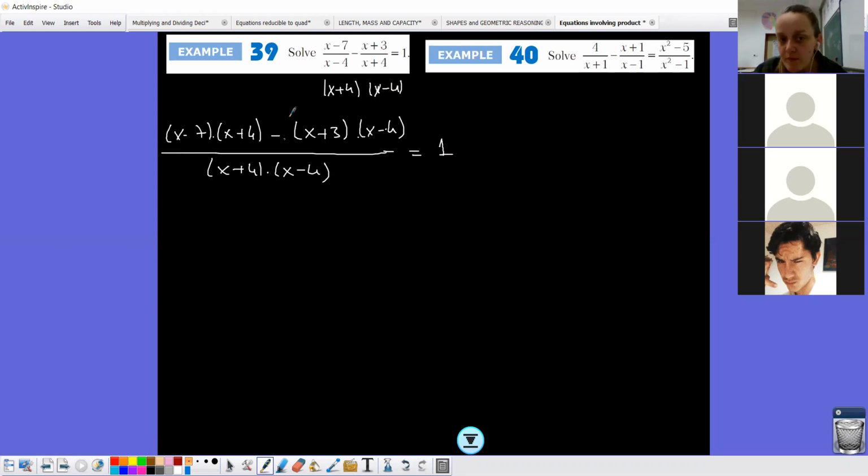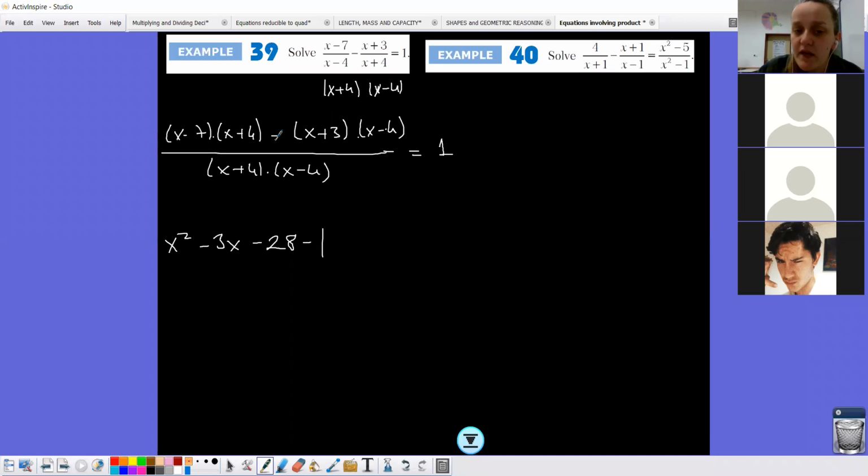Now here I will open the parentheses in the numerator, but I will not do anything in the denominator, okay? Then it will be x squared minus 7x plus 4x will be minus 3x. Minus 7 times plus 4 will be minus 28. Yes, am I right?